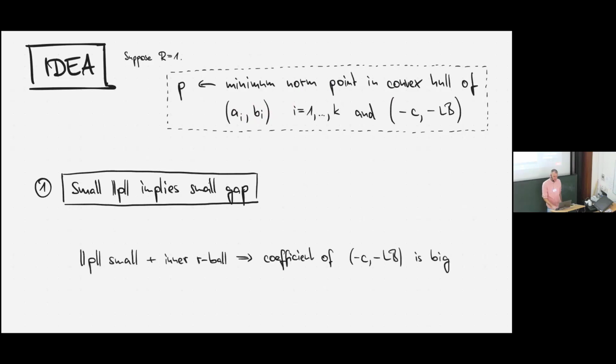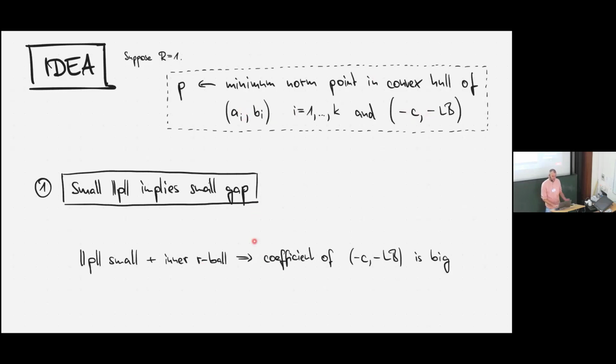The first small observation that you make, and this is an easy exercise, is that we contain a small R ball, and if you use that fact, then you can show that if you really want to get the norm very small, you cannot put all the weight onto these coefficient vectors. This vector must have a positive coefficient. You can also give a lower bound on that coefficient, because that inner R ball point will produce a certain slack here.